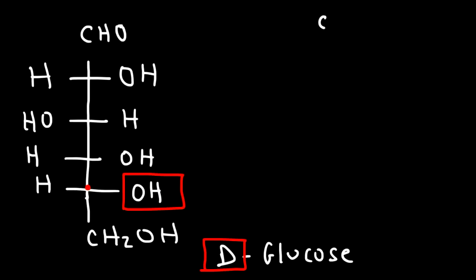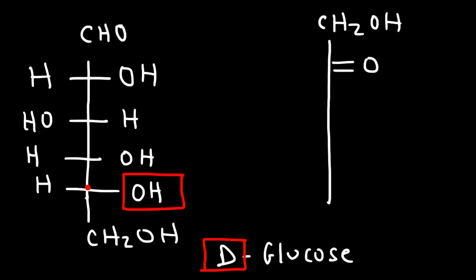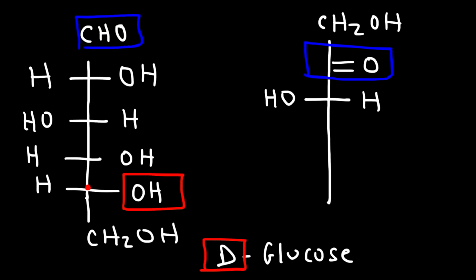Now let's draw the structure of fructose. There are going to be some similarities and some differences. The biggest difference is the functional group. Fructose has a ketone functional group, whereas glucose has an aldehyde functional group. And so that's the biggest difference that you want to pay attention to.